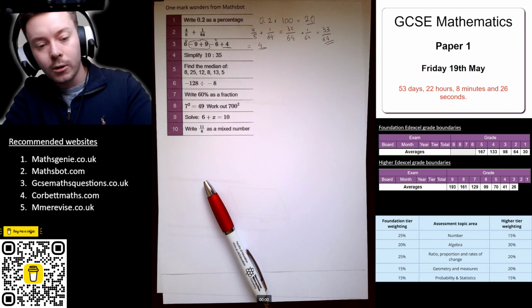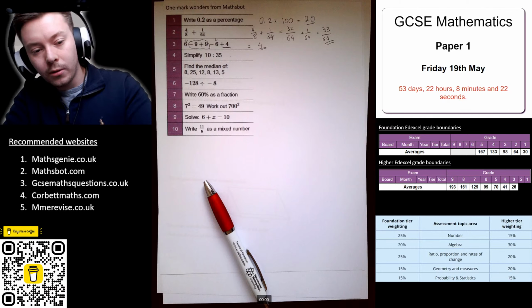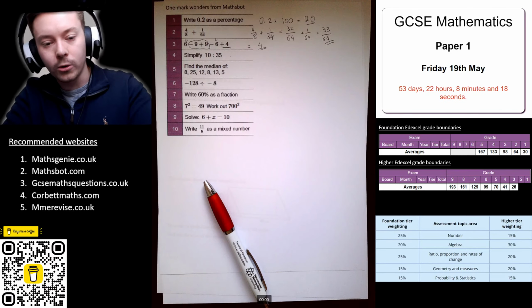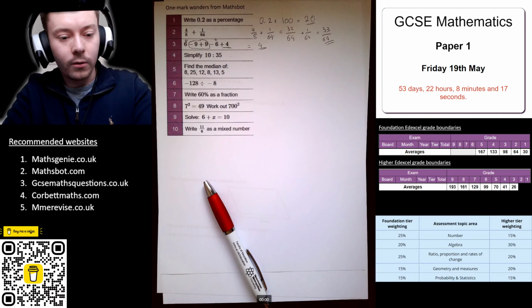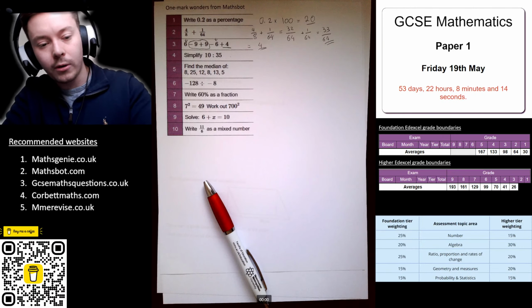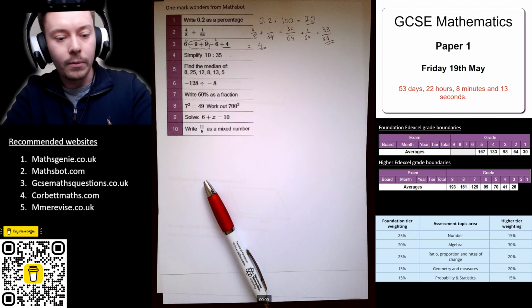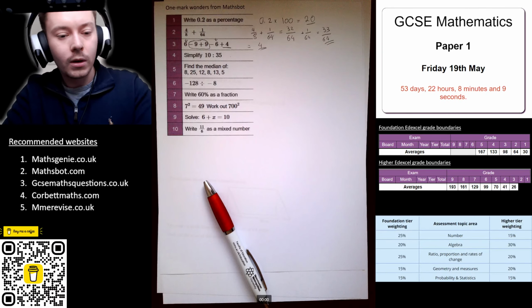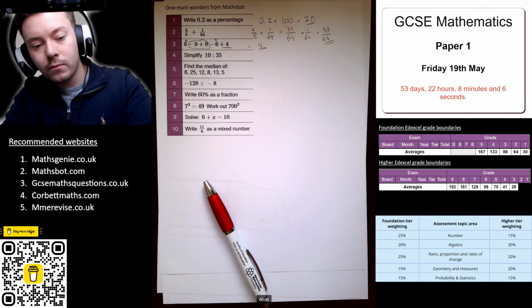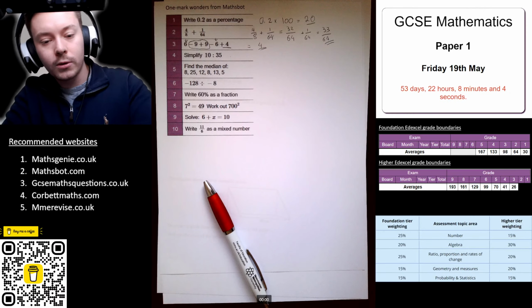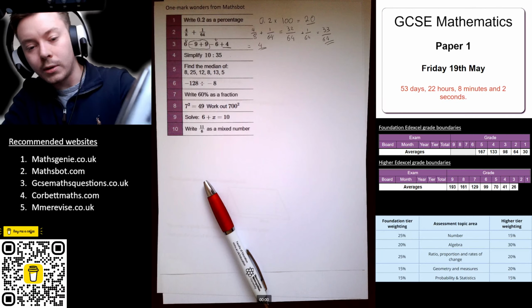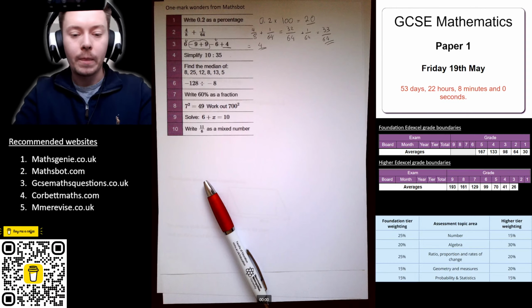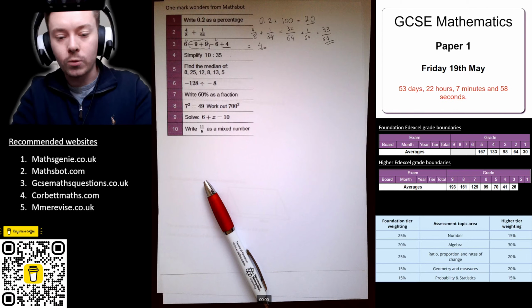Okay, median. The median is the middle number when we put them in order. So I need to put them in order first of all. So we've got 5, and I'll cross them off as I go, 8, 8, 12, 13, and 25. With a small amount of numbers, this is the best way to do it.